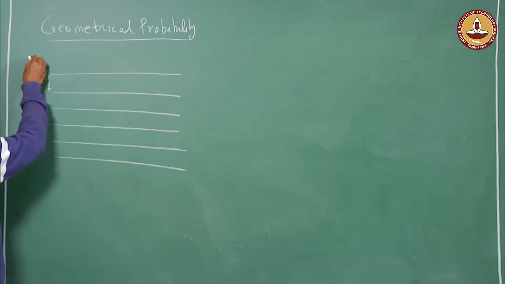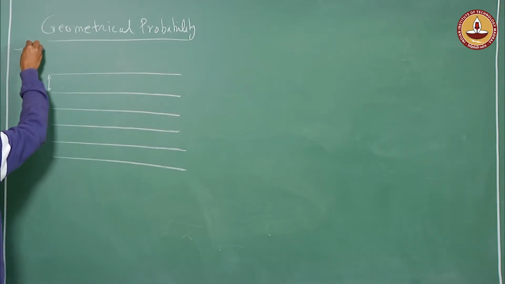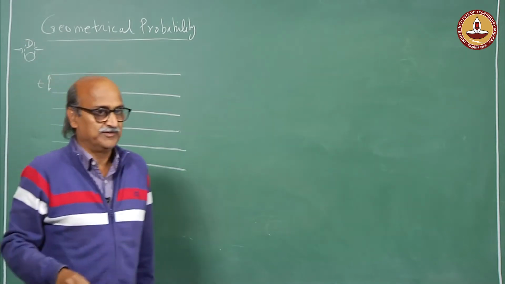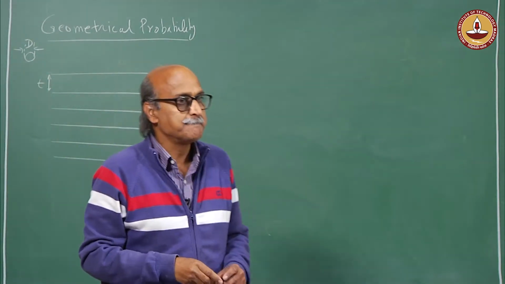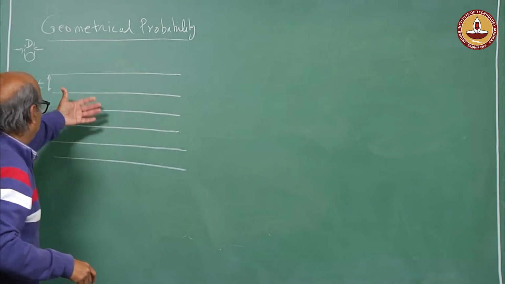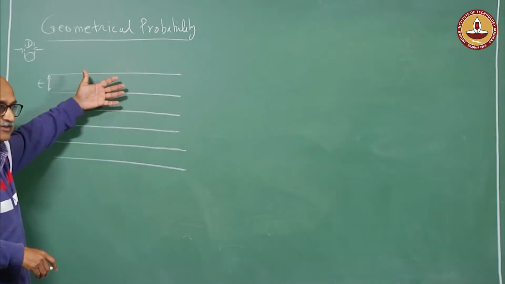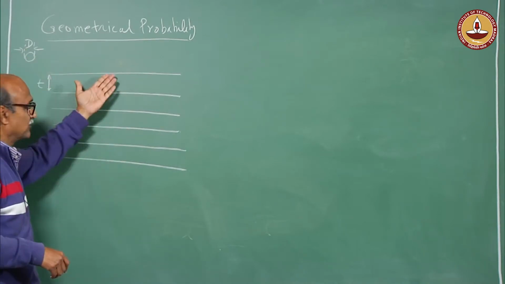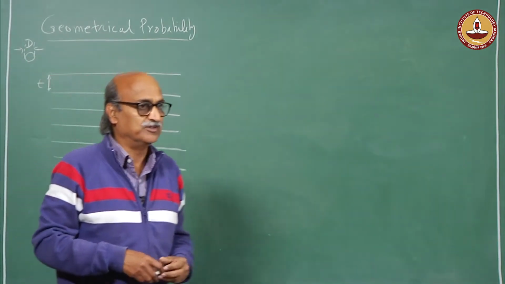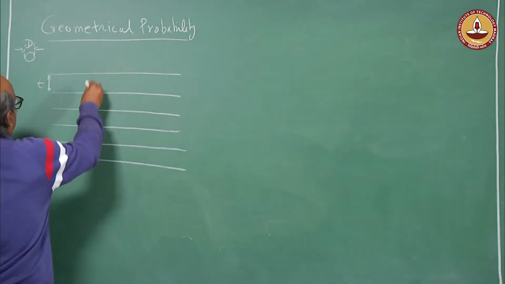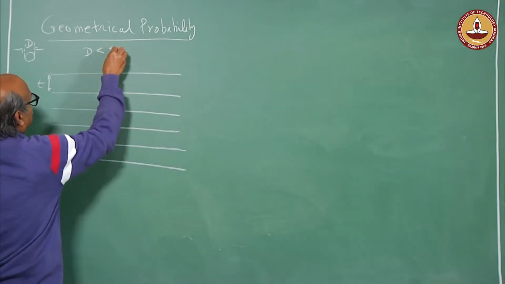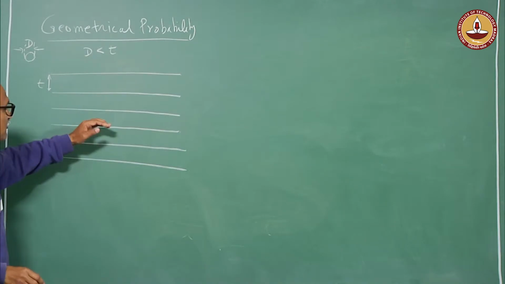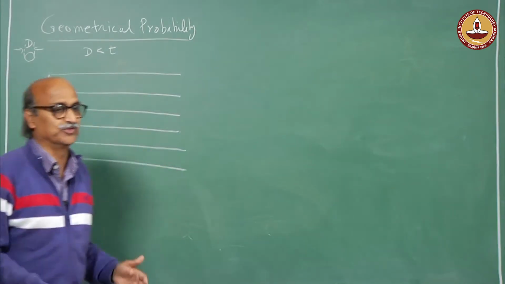I have a coin whose diameter is, let us say, d. Okay. If I toss this coin on this set of lines, what is the probability that this coin will intersect one of these lines? Given that d is less than t, which means basically the coin will intersect only one line at a time, it cannot intersect more than one line.